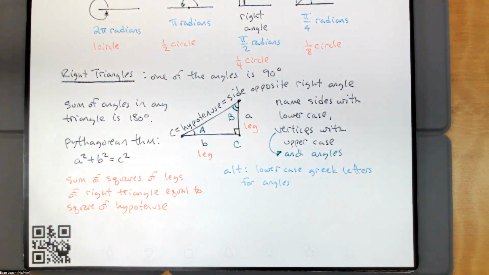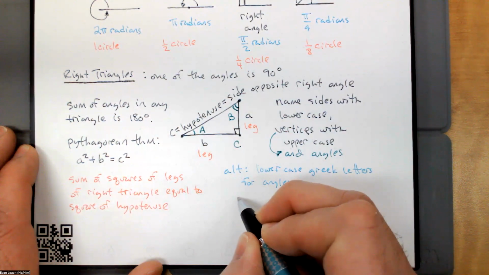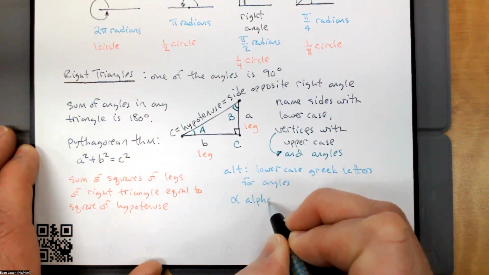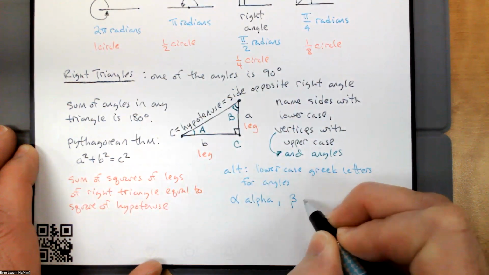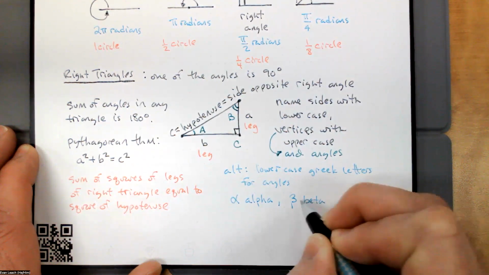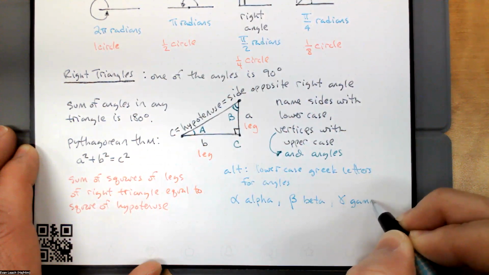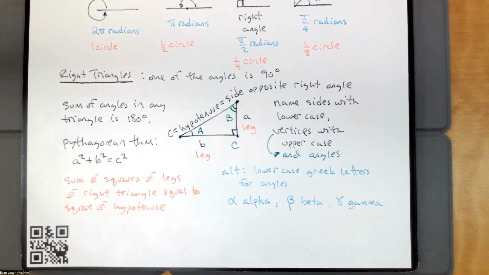If we're doing this ABC scheme, the triangle ABC, we could say A is alpha. Or we could use beta or gamma. If I need all three, these are the three that I'm going to use: alpha, beta, and gamma.